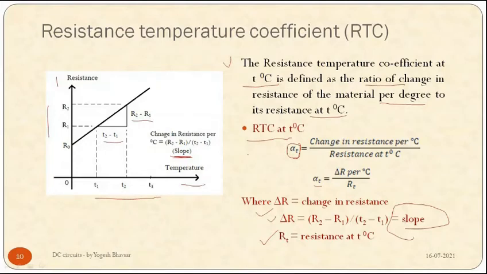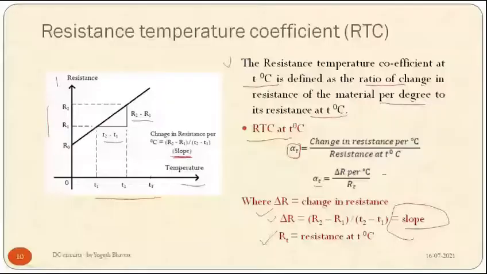In this way, we can define resistance temperature coefficient. Remember this formula, you can write it in your notebook. This formula can be asked. So at the end, we get the formula: alpha T is equal to R2 minus R1 divided by T2 minus T1, divided by this total term RT.